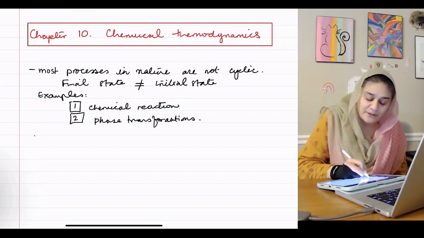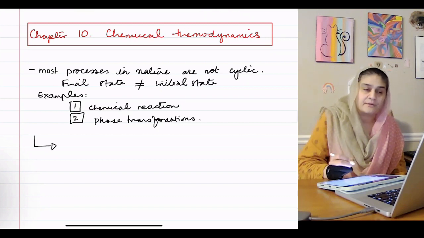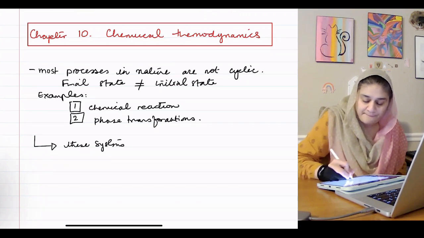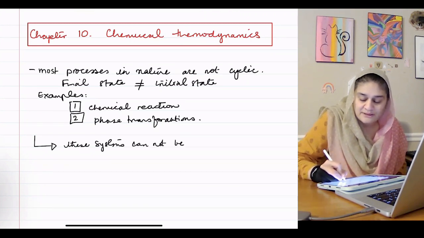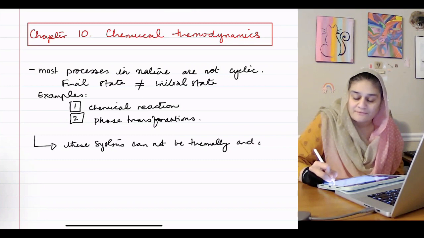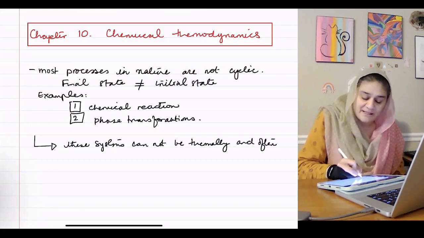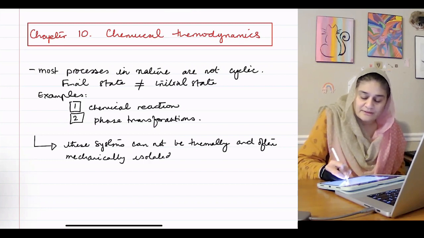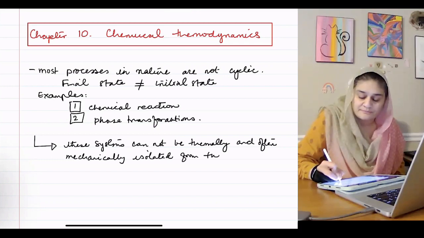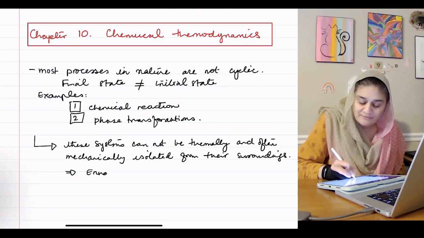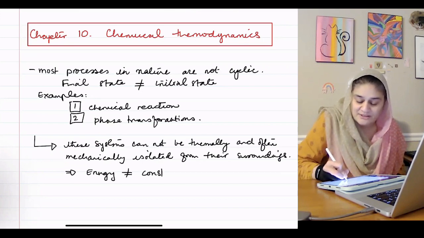So fundamentally, when we are considering these systems, these systems cannot be thermally and often mechanically isolated from their surroundings, which implies for most of these situations, energy cannot be considered as constant.